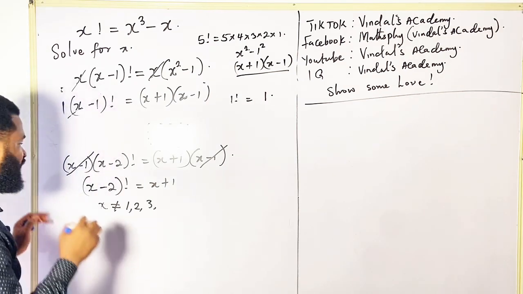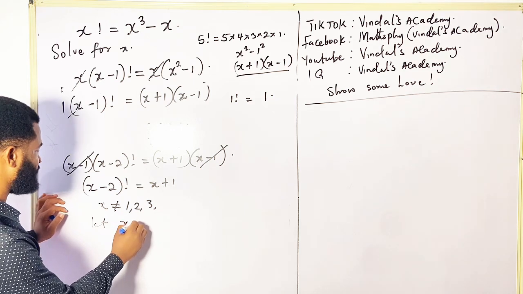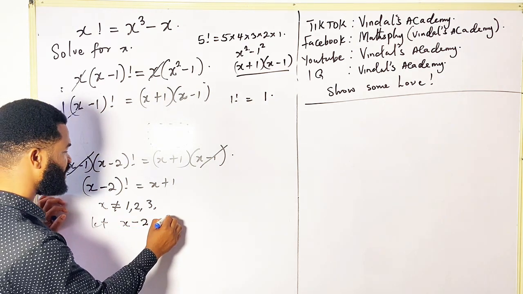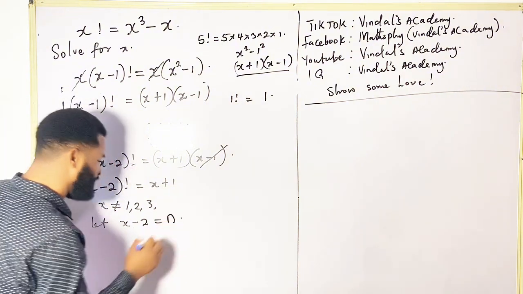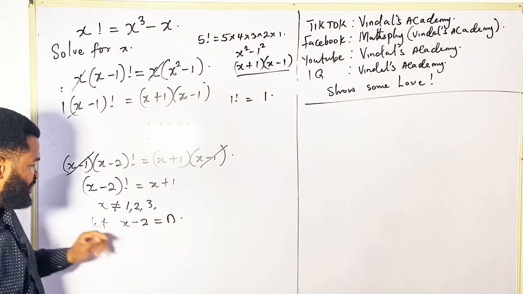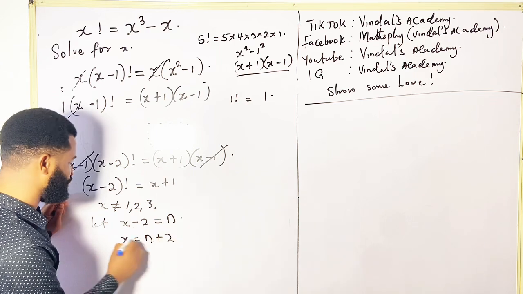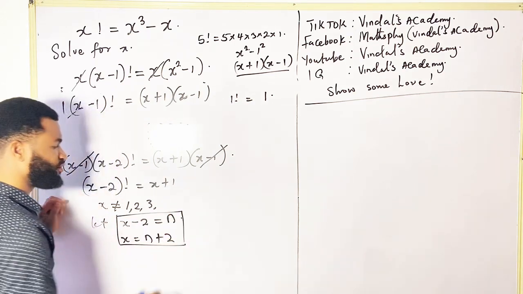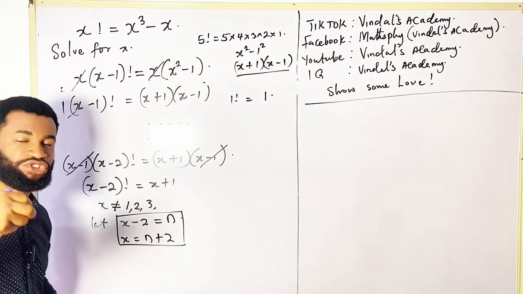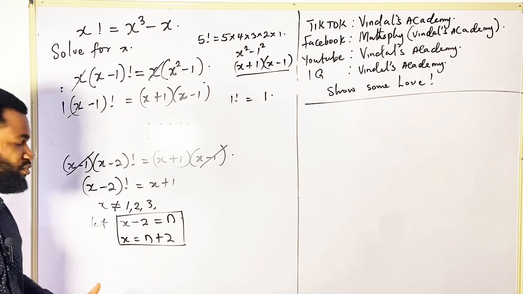In that case, I'm going to say let x minus 2 be equal to, let me call it n. All right, so at this point, it simply means that x is going to be equal to n plus 2. So let's call this a particular number which you do not know, so that we are able to solve it.